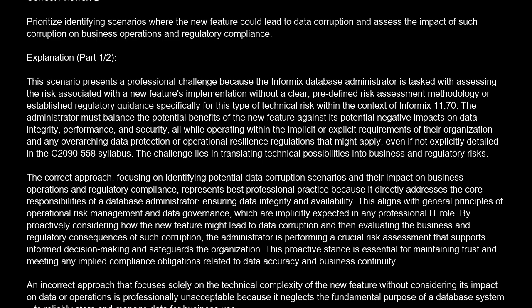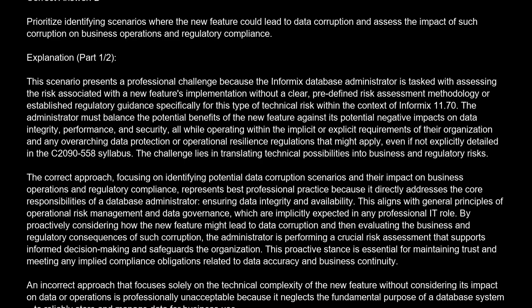The administrator must balance the potential benefits of the new feature against its potential negative impacts on data integrity, performance, and security, all while operating within the implicit or explicit requirements of their organization and any overarching data protection or operational resilience regulations that might apply, even if not explicitly detailed in the C2090-558 syllabus. The challenge lies in translating technical possibilities into business and regulatory risks.